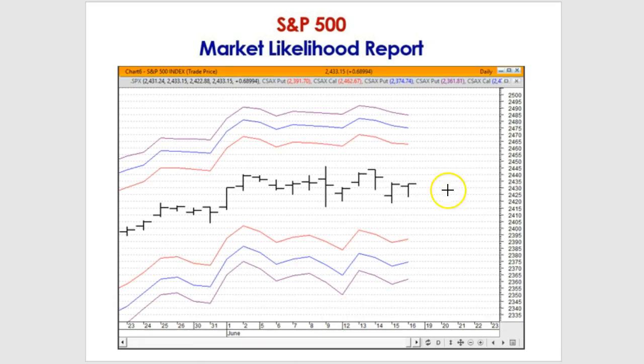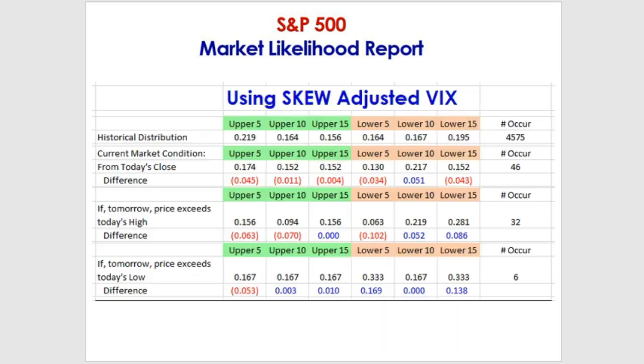And those are farther away, as you can see, way out here. That's 15 days away. So we go farther out in time and monitor whether it goes up, hits it, down hits it, or fails to hit it. Now, let's go to the statistics then. Here we go. When we look at the report, we can see of those 4,575, the upper 5-day band was struck 21.9, the upper 10, 16.4, the upper 15, 15.6% of the time.